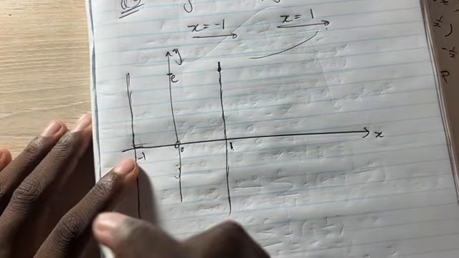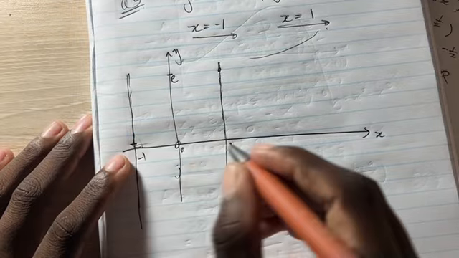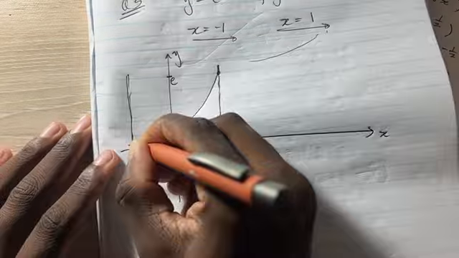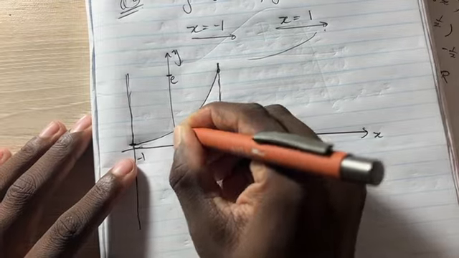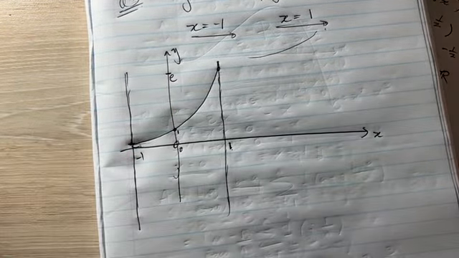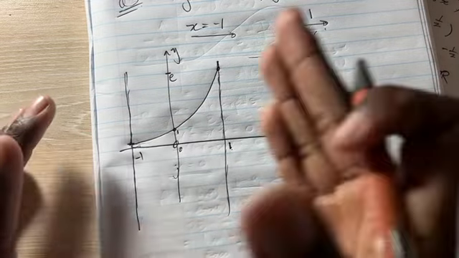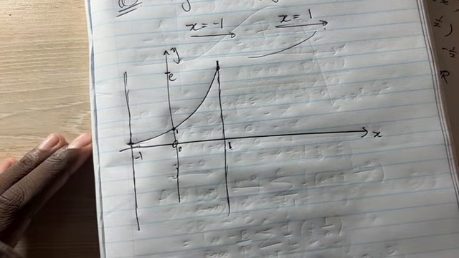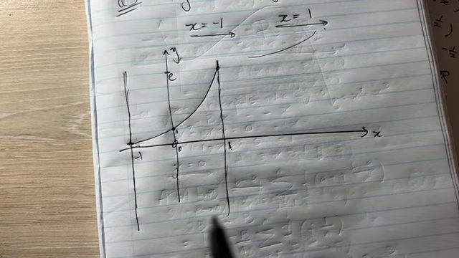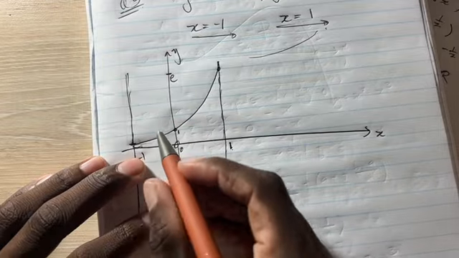At -1, it's 1 over e, something close to 1 over 3. At x equals 0, it's equal to 1. You don't have to draw it out. I'm just drawing it for fun. Realistically, this is a completely useless step for answering this question, and I don't think they're going to give you any marks for it. I guess for explanation purposes, I'm going to show you guys.